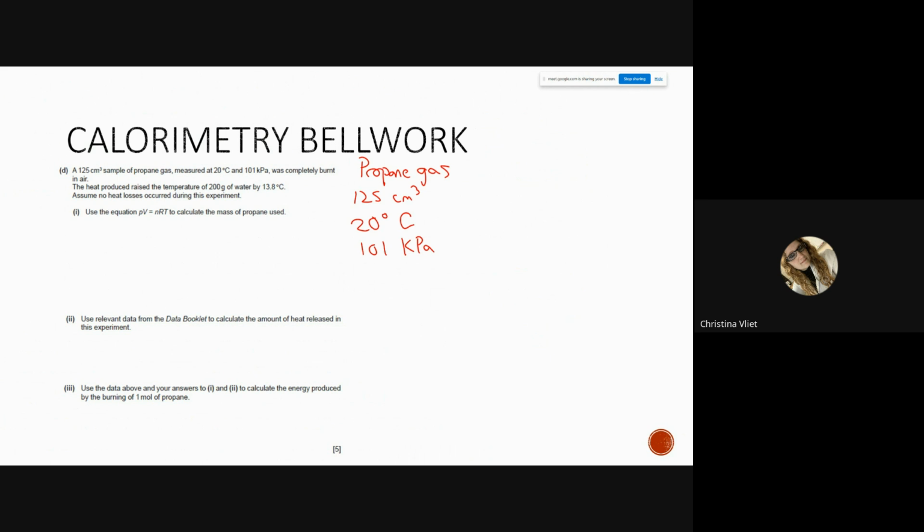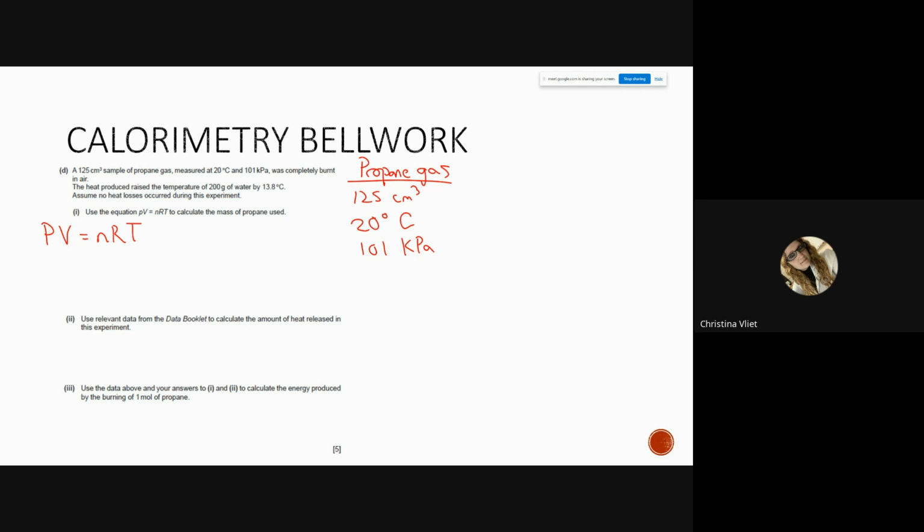Use the equation PV equals nRT to calculate the mass of propane. Do you remember this equation? P is pressure, V is volume, n is moles, R is the gas constant, and T is temperature. For propane, we have centimeters cubed.